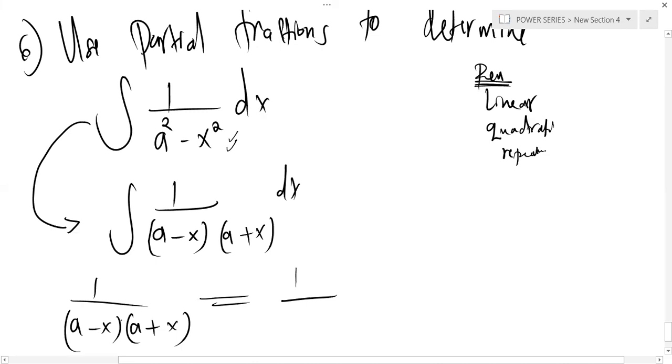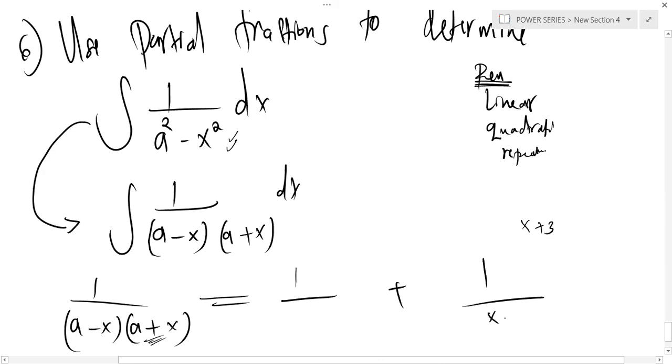So if we are to open this up using partial fractions, this is going to be equal to 1 over, and this is easy because we've dealt with this before, where you're having x, let's say, plus 3. How do you open it?